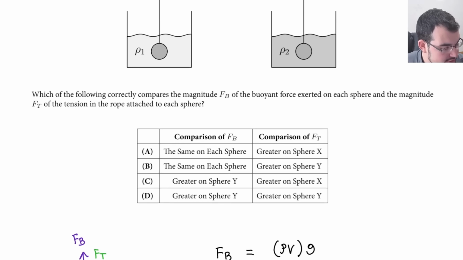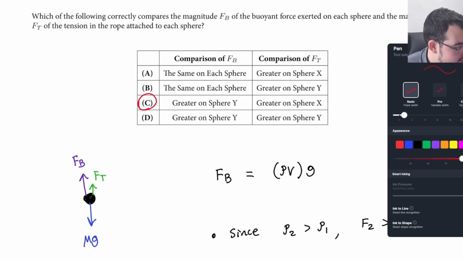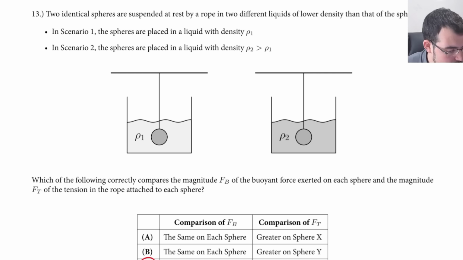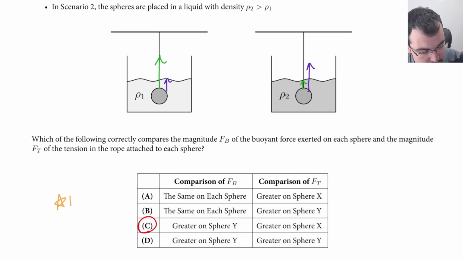So the buoyant force is greater on sphere y, so the tension is greater on x. So essentially, we have a large buoyant force here, so we need a small tension, but we have a small buoyant force here, so we have a large tension. This is a pretty classic problem, but it still is level 2 because there's some reasoning involved.